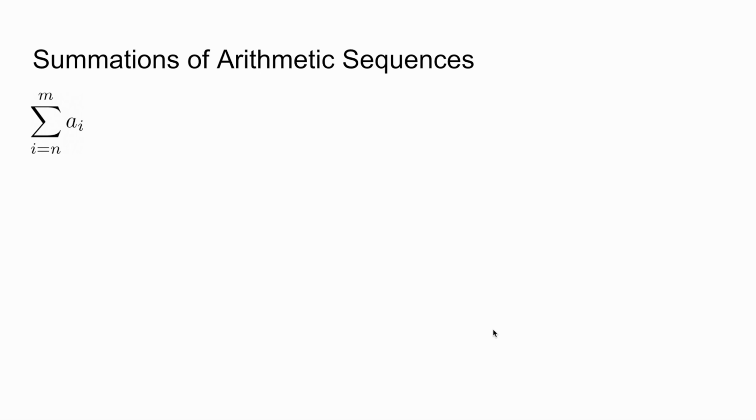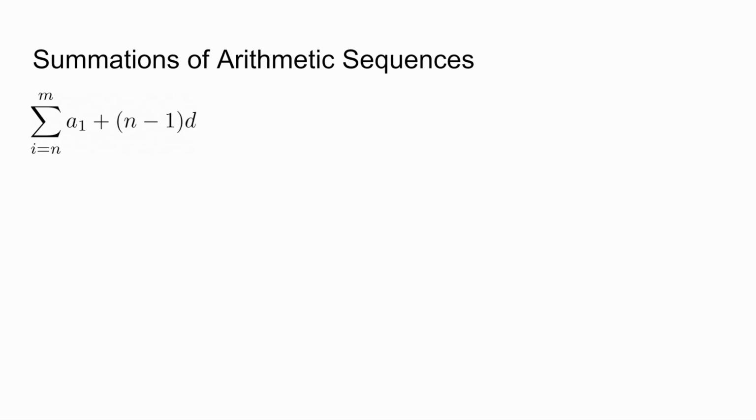So now let's look at summations and sequences. So one way people use summations is with arithmetic sequences, and we see that a_i is the thing that's being added, and a_i is just the ith term of an arithmetic sequence in our case.